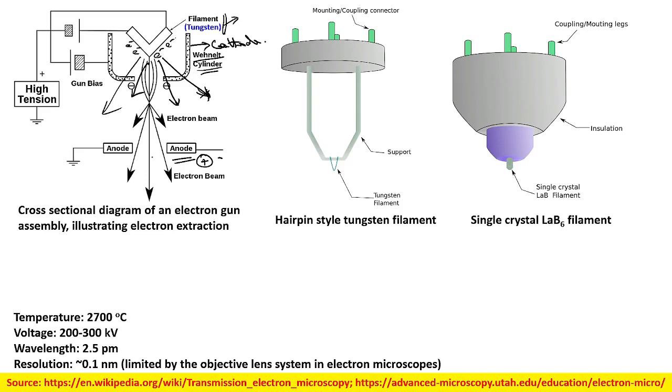However, at the same time, there is a local field due to this cathode. Okay, so what this cathode does over here is that it creates a local field like this, and it creates an electromagnetic gate.